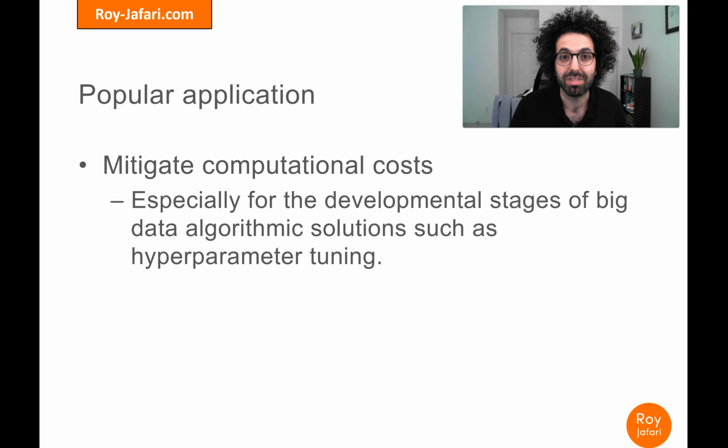One of the things that can be done is to use a sample of the data set, so we can fine-tune the methods and the algorithms using the sample, and then when we are ready to actually train the model that's going to be used for decision making, now we can use the whole data set. Of course, sometimes random sampling could be used as a way to reduce the size that we're going to use for training that is going to be used for decision making eventually. So that's the applications of random sampling.